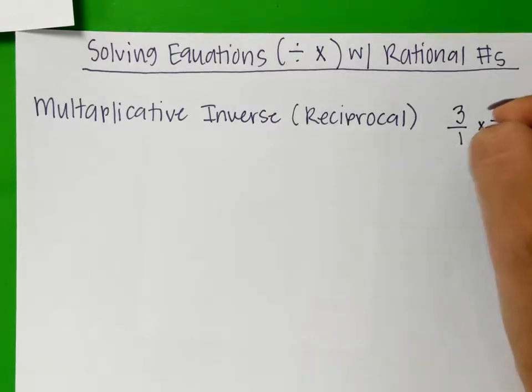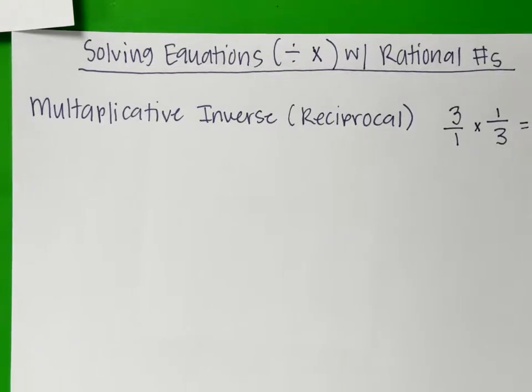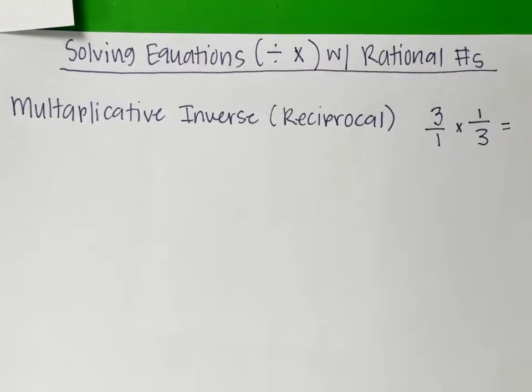If I multiply these two together, what do I get? 1 whole, right? 3 over 3, which is just 1.